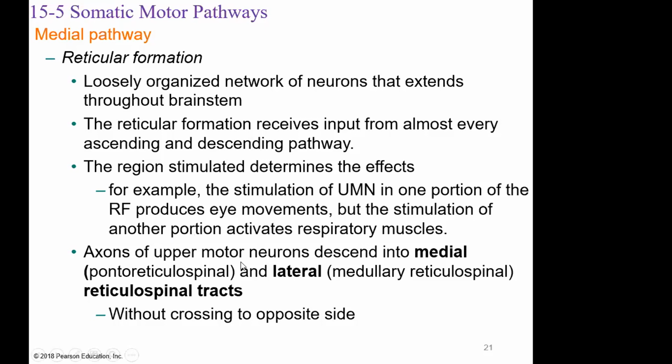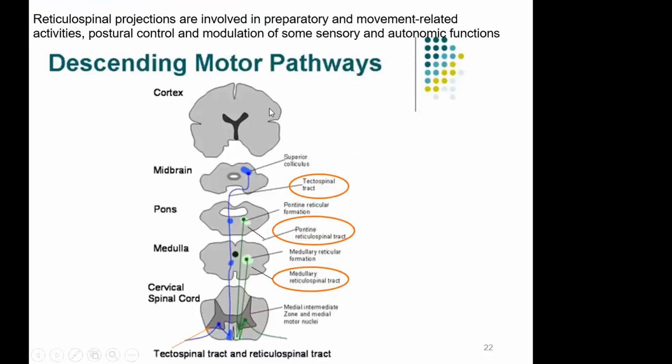The axons of the UMN descend into the medial, aka pontine reticulospinal, and then the lateral, aka medullary reticulospinal tracts, without crossing over. So we've got the pontine reticulospinal, we've got the medullary reticulospinal. Okay, this is the one that we just talked about just a second ago.